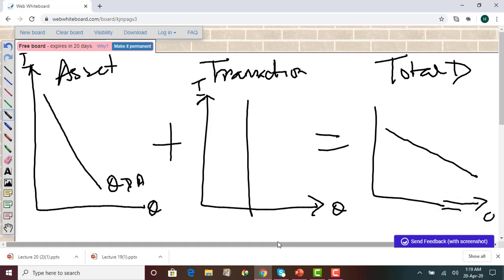Same, we have quantity here, we have interest rate here. So remember, the asset demand curve is downward sloping, the transaction demand curve for money is vertical, and when we add the asset demand for money and transaction demand for money, we get the total demand for money, which is a less steep curve.